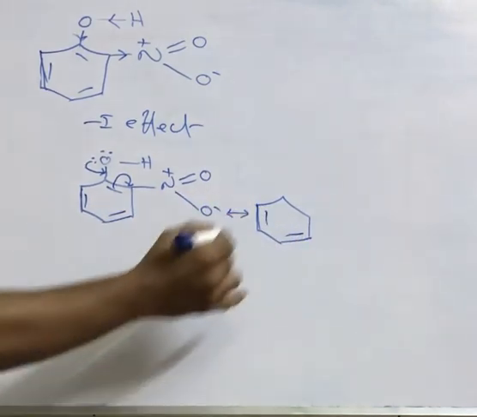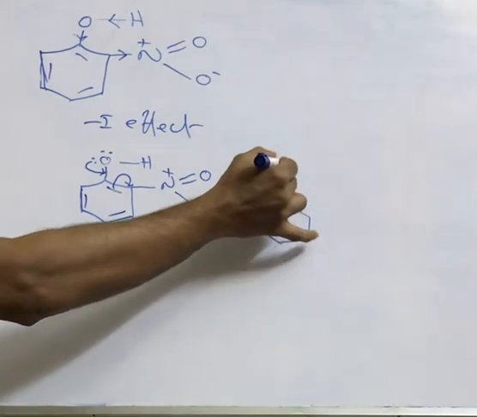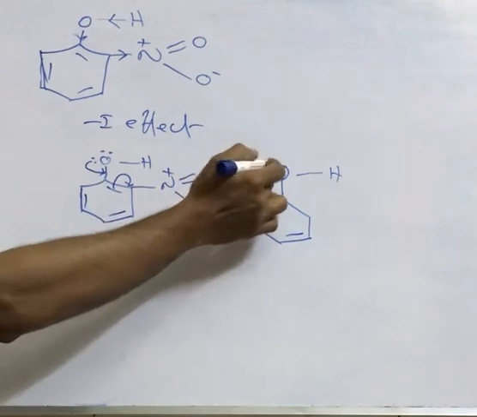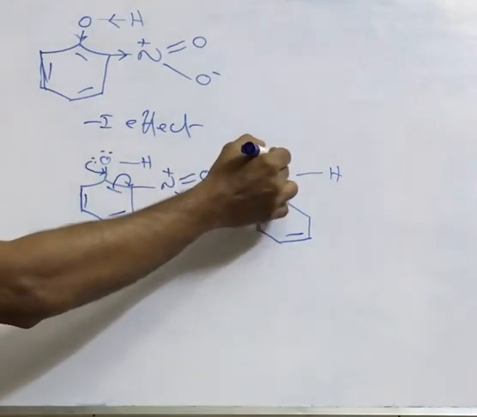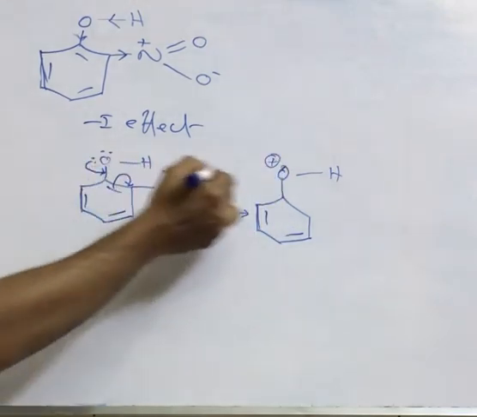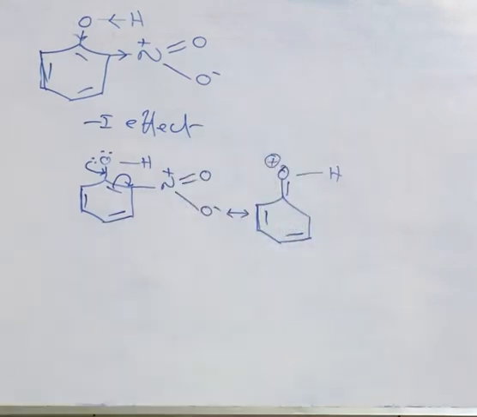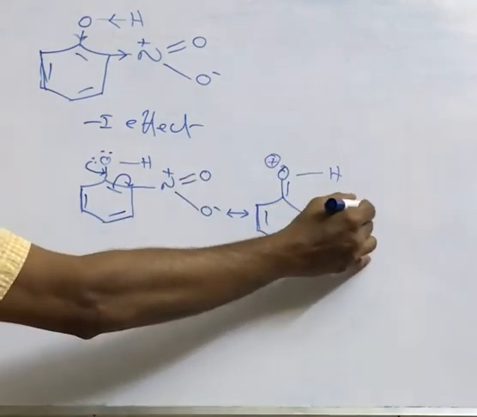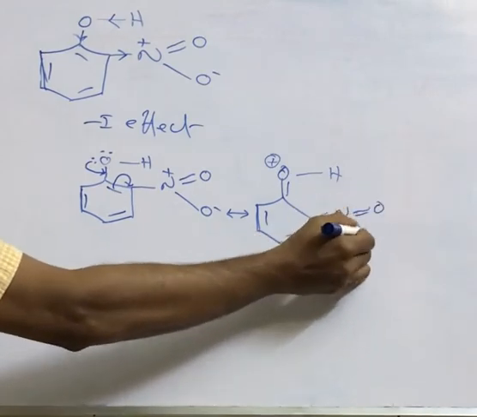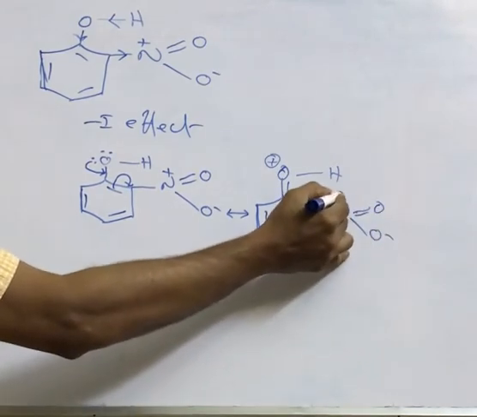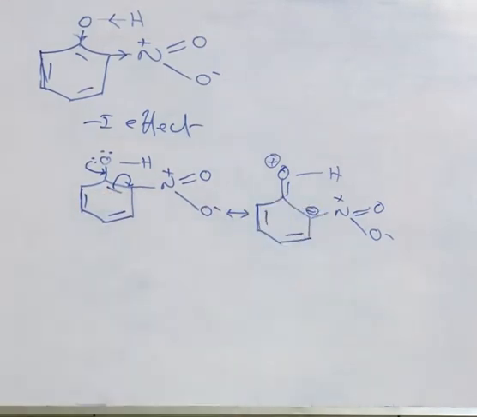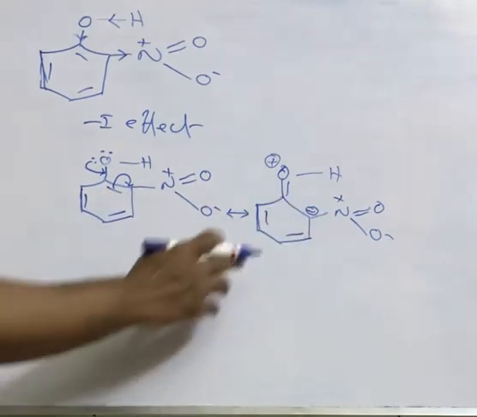You can write it like this, simplified. Then the O-H bond is as it is. O has lost one of its lone pairs, so it gets a positive charge, and here I have a double bond. And this double-bonded N, double bond O, and O is minus, this is plus, this double bond came here, so there is a minus charge over here. This is one resonance form.